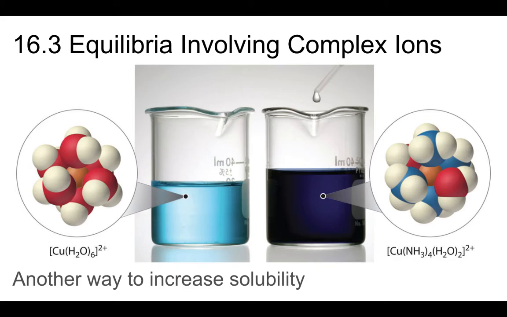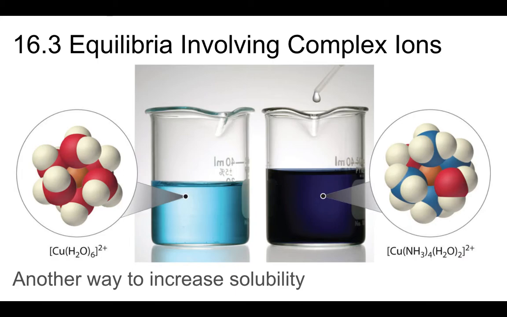Complex ions are when metal ions get surrounded by molecules or ions, kind of like we see here with the 6 waters forming a hydration sphere around copper plus 2. Or besides water, something like ammonia can also do this, and so ammonia can form a complex with copper. Here's one where ammonia and water are working together to form a complex on the right.